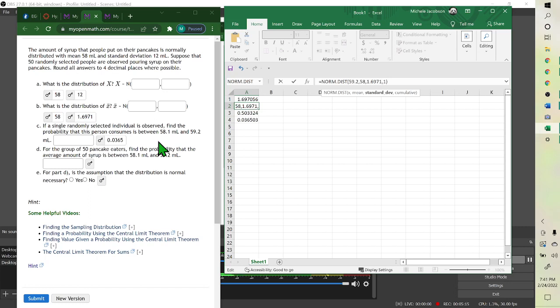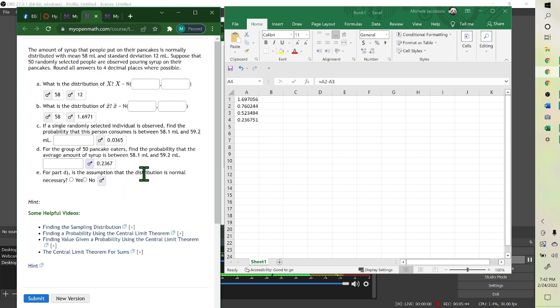And hit enter. Then we'll do the same thing here. Change that 12 to a 1.6971. And it's already subtracted them for us. And there's your answer.